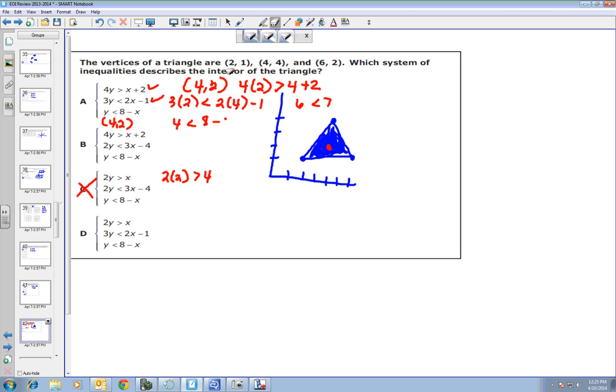I'll eventually get it. So 2 is less than 8 minus 4. That's true. Oh, but that's a problem, because that's not my answer. Did I mess up somewhere? 4 times 2, 4 plus 2, 3 times 2, 2 times 4.